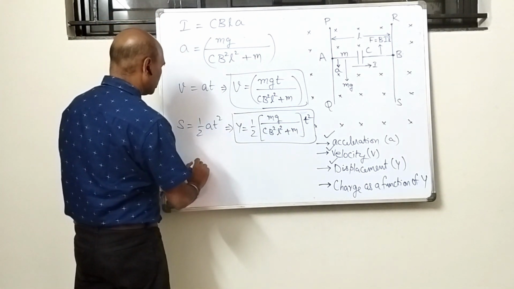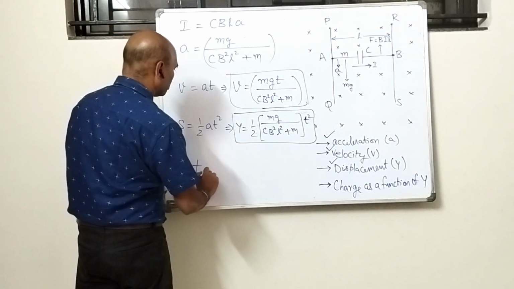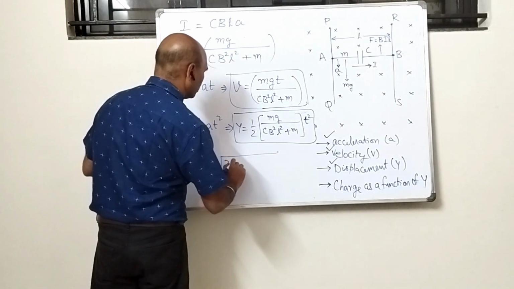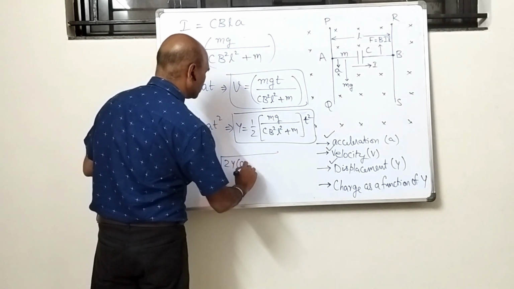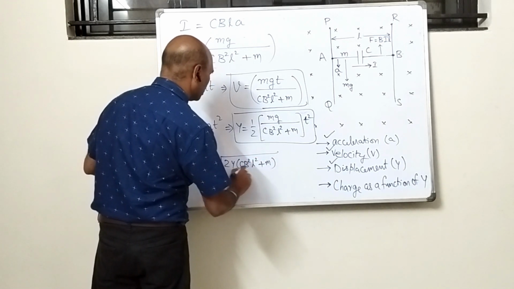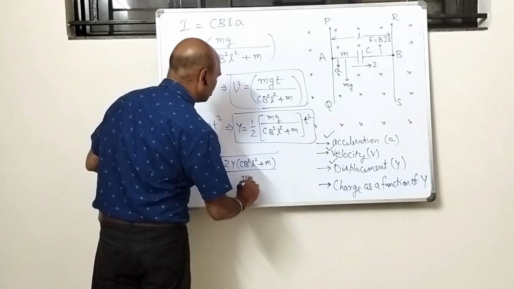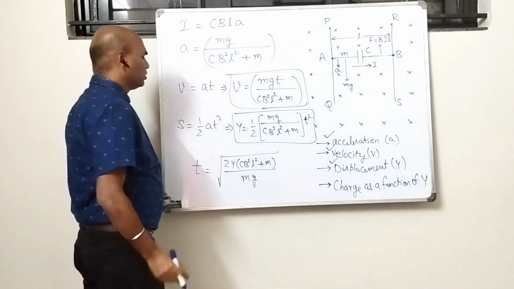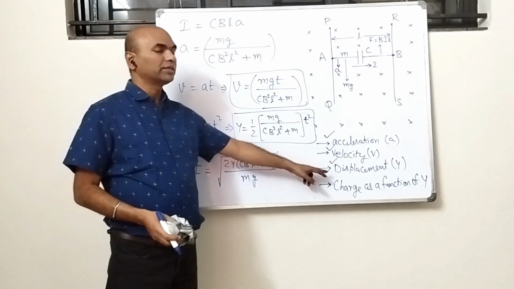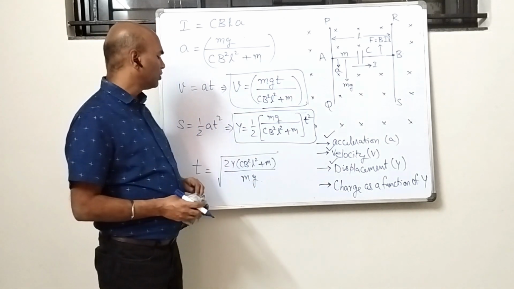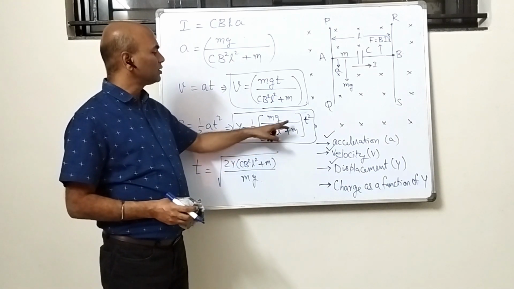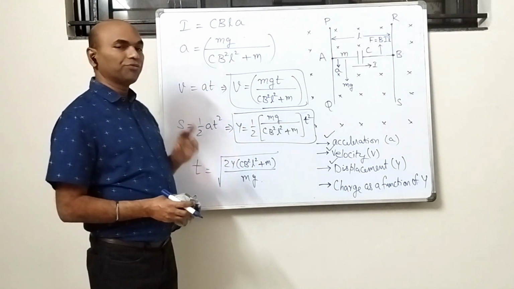So time t becomes root of 2y into CB square L square plus m, divided by mg. I can use this expression directly to get the last part of the question.